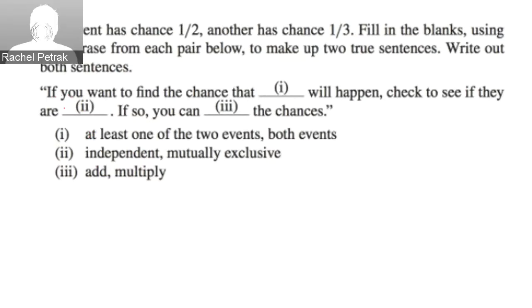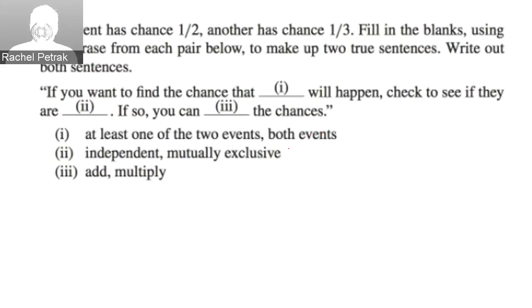Here's our first sentence. If you want to find the chance that blank will happen, check to see if they are. So if you want to find the chance that at least one of the 2 events or both events will happen.